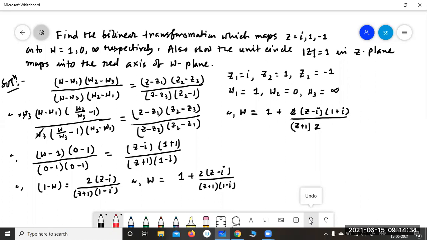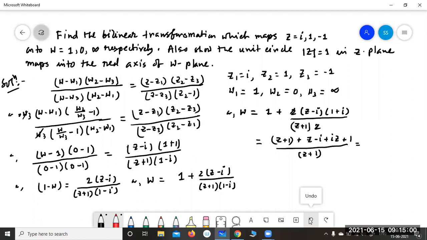This 2 cut. So from here it will be coming Z plus 1 plus Z minus I plus IZ minus of I square, that means plus 1. That is Z plus 1. So from here, if we take common Z, that is 2Z plus this.